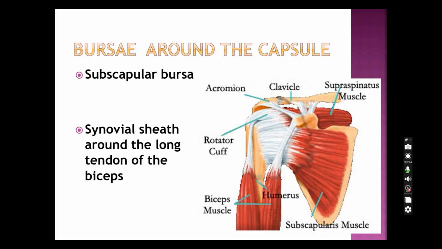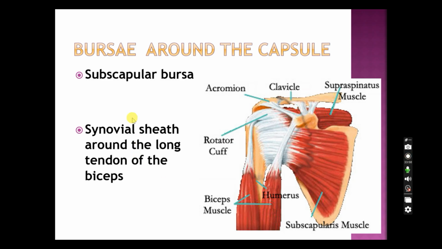In order to prevent it, synovial closed bags called bursae are located there. It may be between the ligaments and the bony portion, between the skin and the bone, between two tendons, or between any bony portion and any muscular tendon, anywhere. Wherever there's a tendency for friction, there will be a bursa.